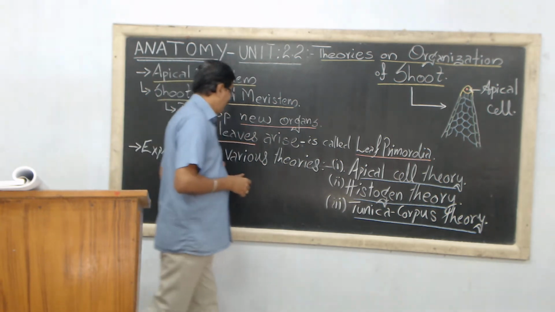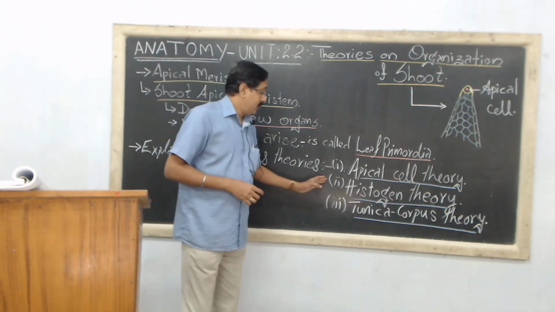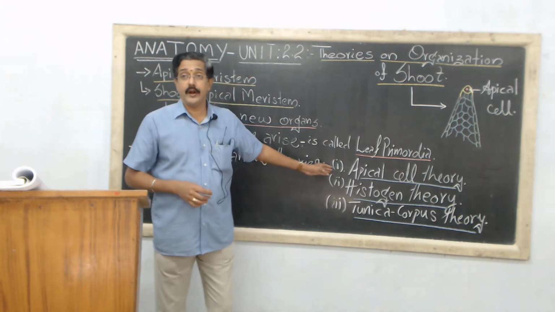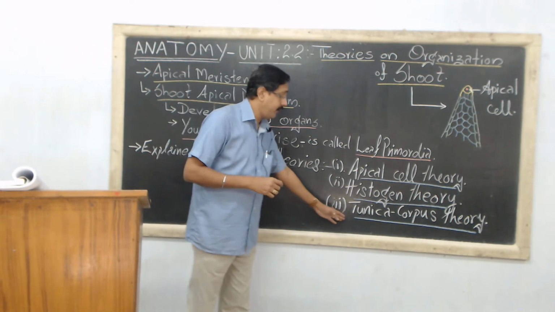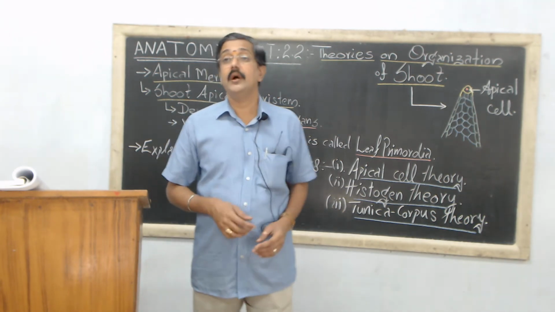Okay, and the theories are apical cell theory, histogen theory, and similarly the third one is tunica corpus theory.